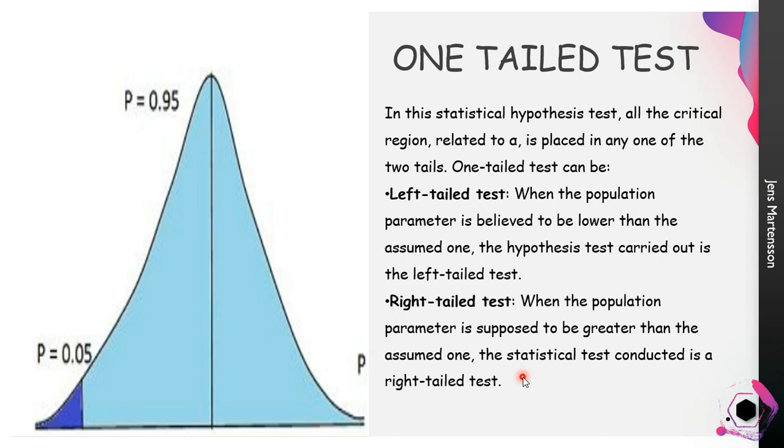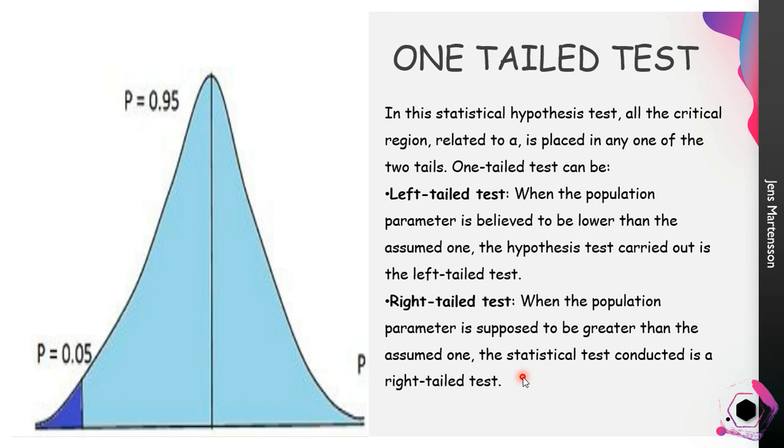The picture here on the screen tells you that this curve is one-tailed. Why? Because as you can see, nandun lang po siya sa left side. Yung shaded, yung mas dark na blue, that's the critical region.